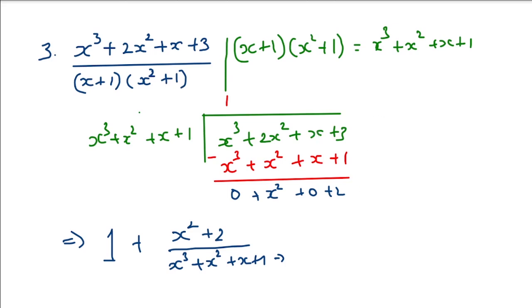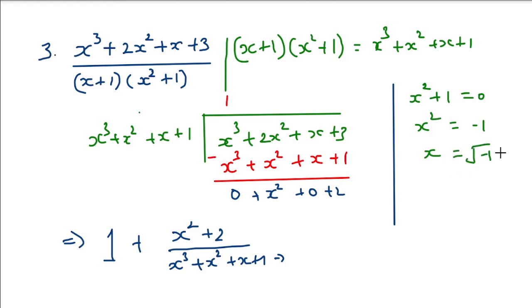Because if we try to find the value of x, if you try to equate x squared plus 1 to 0, this will be x squared equals negative 1. Trying to get the value of x gives us complex roots. So once we find that, your calculator will give you a math error here. Once we find this, it shows that this factor cannot be factorized.